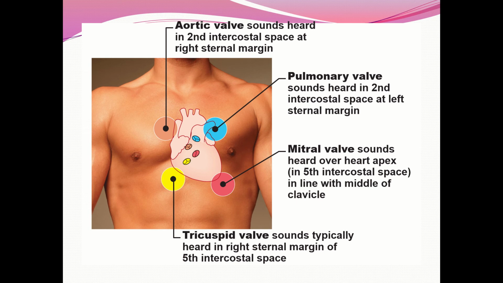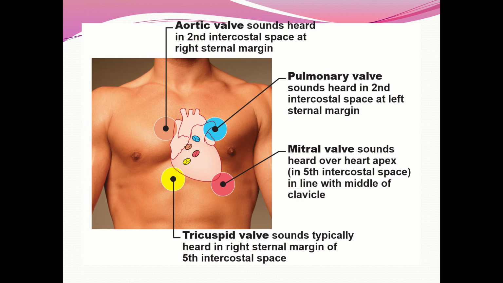This illustration shows the auscultation points for hearing the sounds of the heart. The aortic valve sounds are heard in the second intercostal space at the right sternal margin. The pulmonary valve sounds are heard in the second intercostal space at the left sternal margin.